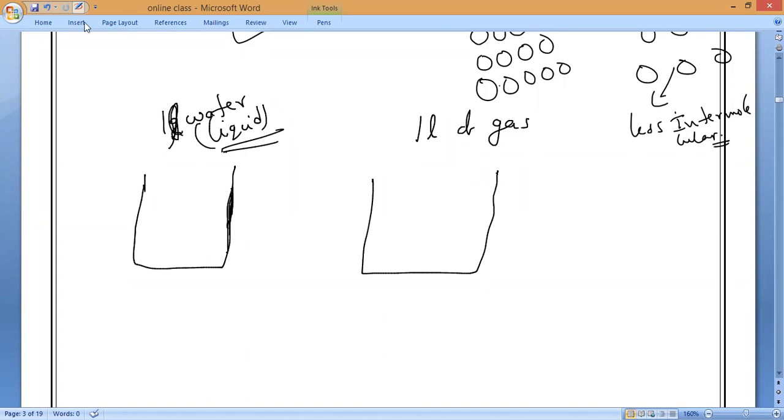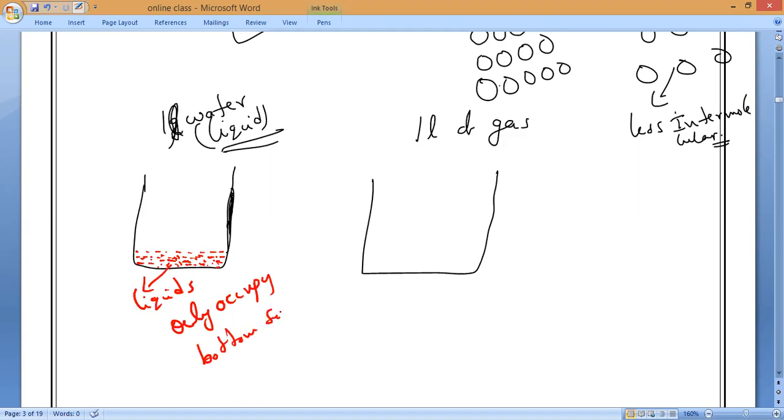If you pour liquid, it will occupy only the bottom surface of the container. Is it yes or no, guys? Yes, sir. So liquids only occupy the bottom surface of the container.